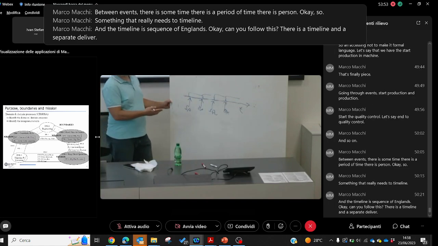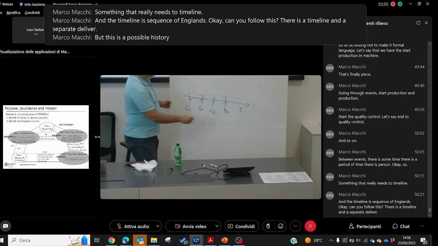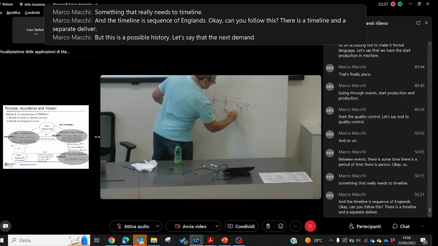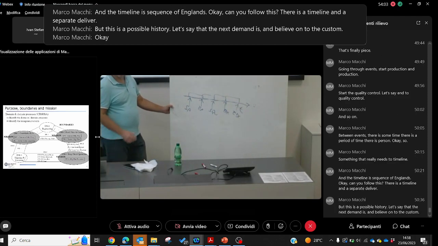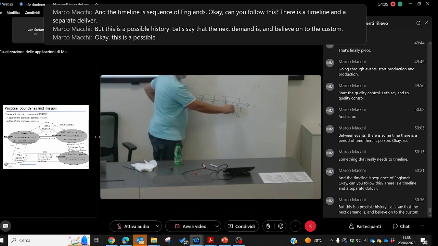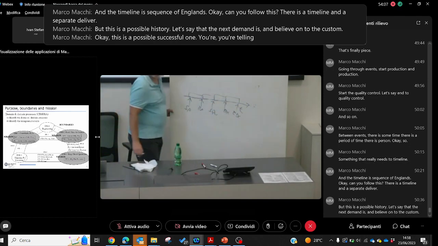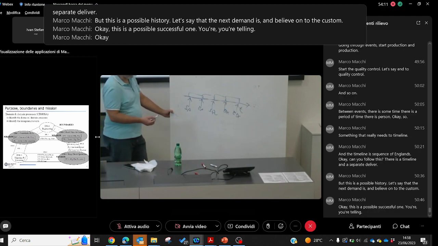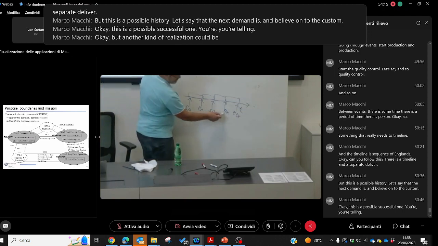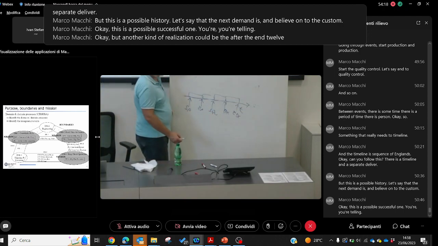But this is a possible history. Let's say that the next event is end delivery to the customer. This is a possible history, a successful one. You're delivering to the customer. But another kind of realization could be that after the end quality control, we discovered that there is a defect.